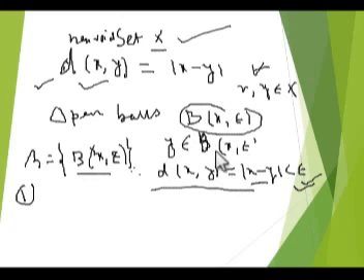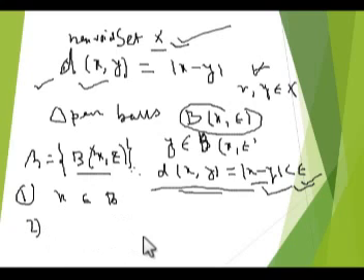If you look at this definition, each of the elements satisfies this definition, and each element must belong to an open ball. So the first axiom can be checked very easily by this open ball definition. And the second one can also be checked in this way.